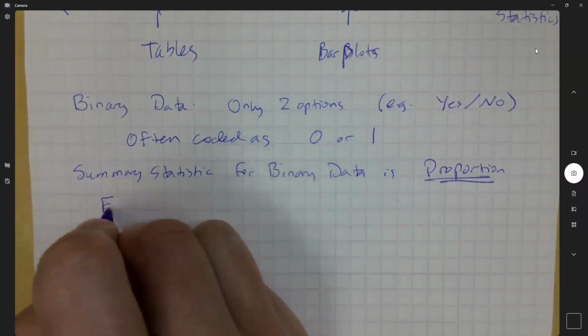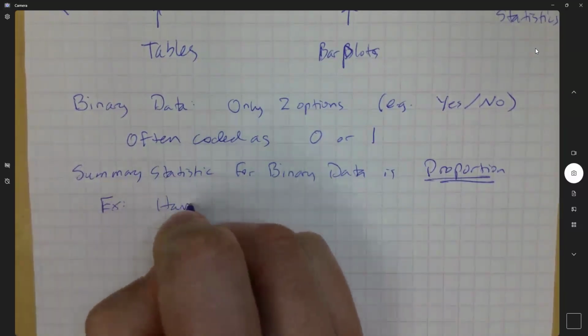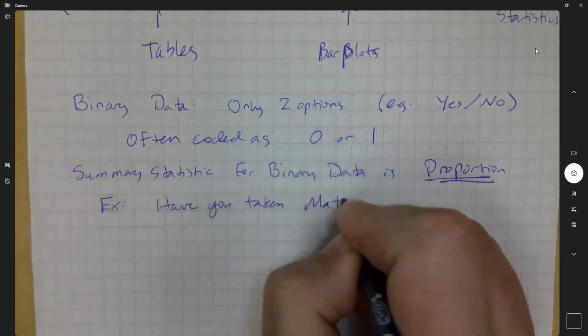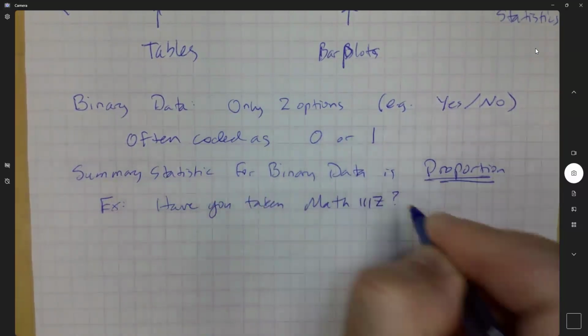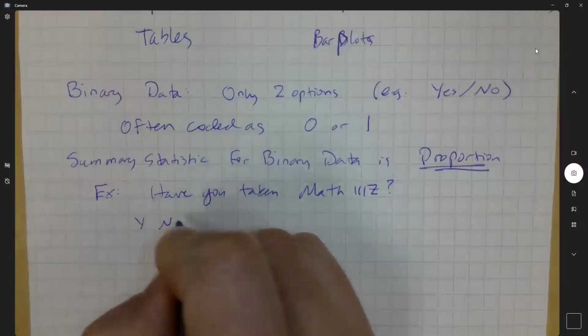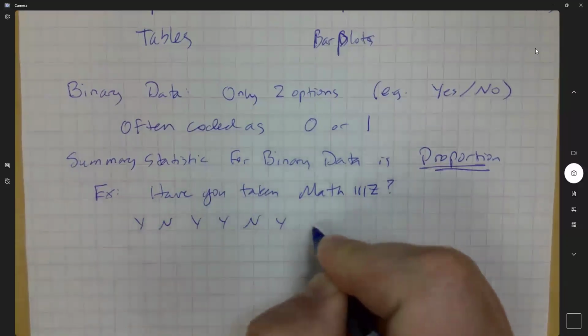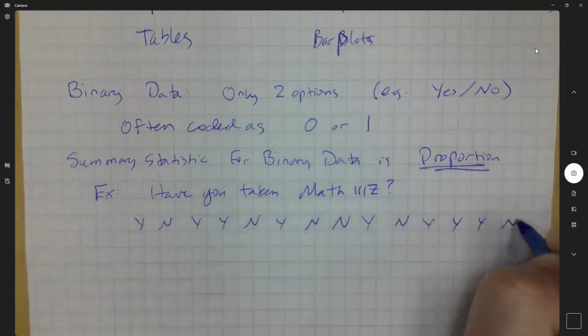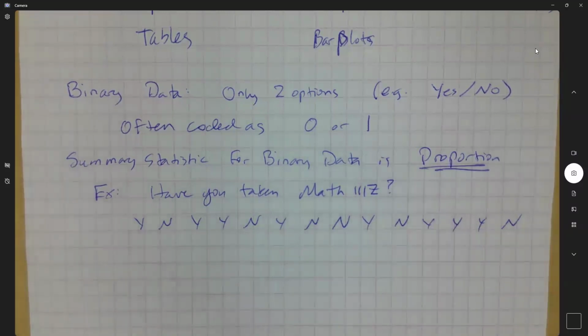So for example, have you taken Math 111Z? And maybe you have yes, no, yes, yes, no, yes, no, no, yes, no, yes, yes, yes, no. And if you come up with a different set, it doesn't have to match mine perfectly.